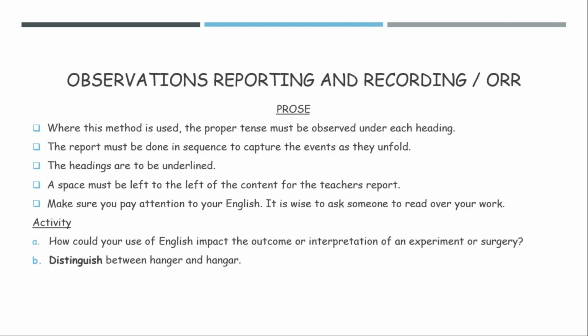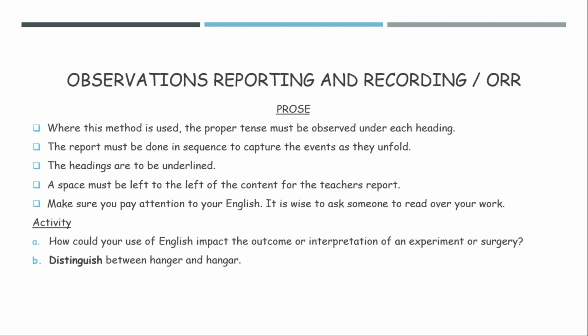Prose. Pretty much it's the usual writing up of a lab. Some might choose to write it in paragraphs, others might write it in bulleted steps or numbered steps. Where this method is used, it is very, very important that proper tense is used under each heading.